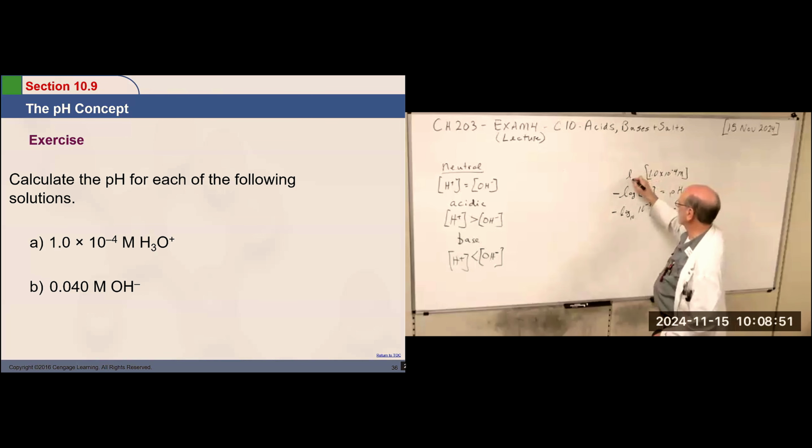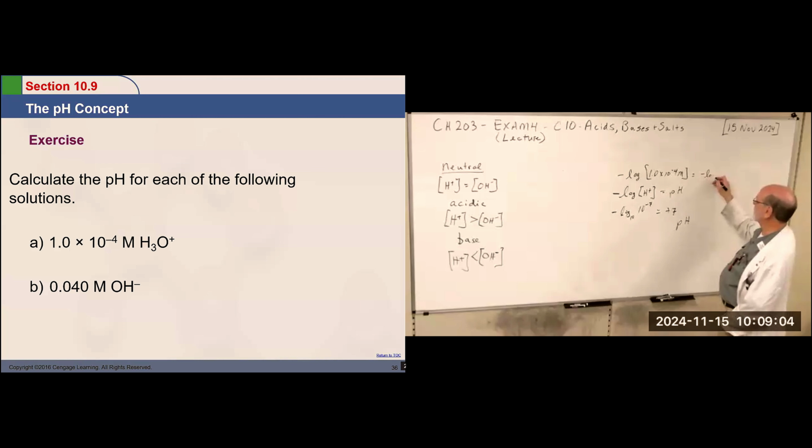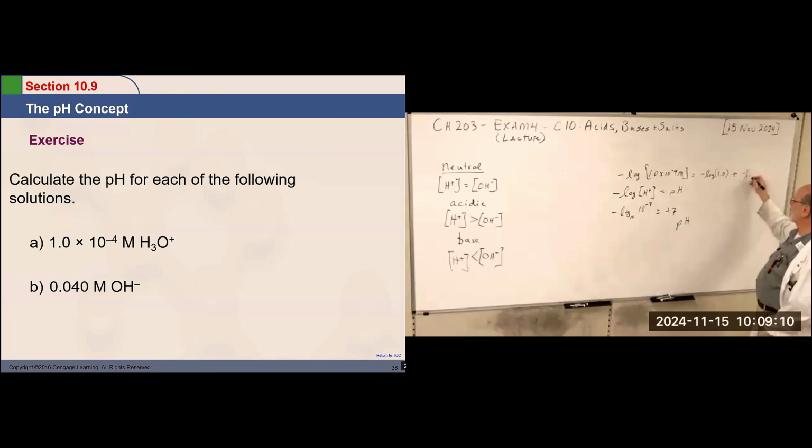Okay? And we're going to take the negative log of that. Okay? So what's the logarithm of a product? Remember that? It would be the negative log of 1 plus the negative log of 10 to the minus 4. Right? That's the way logarithms work.